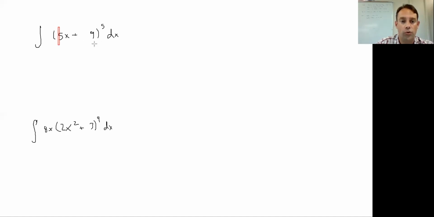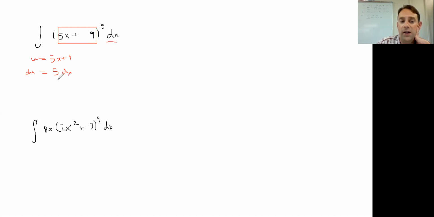So here's my u. u is 5x plus 9. That means du is 5 times dx. But if you notice, I just have dx here.